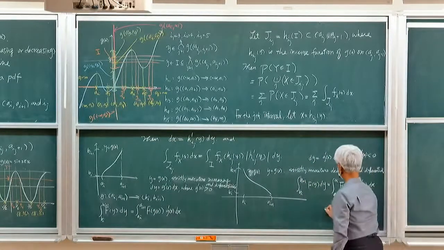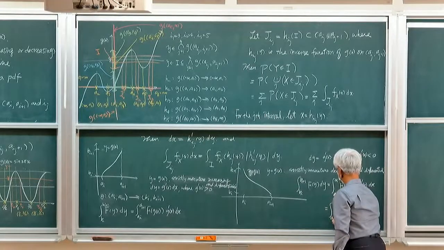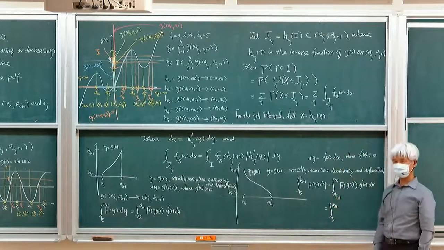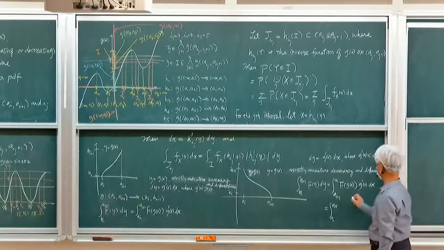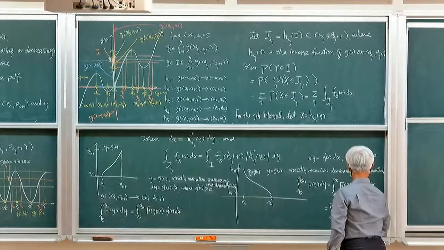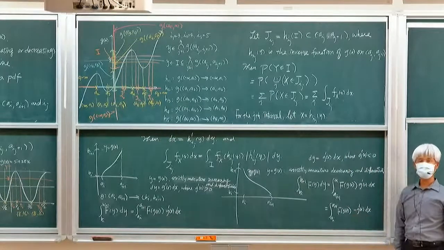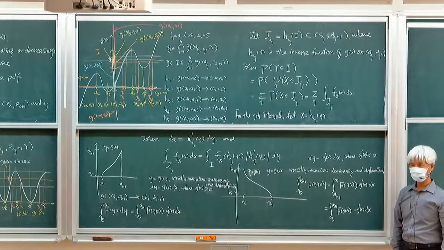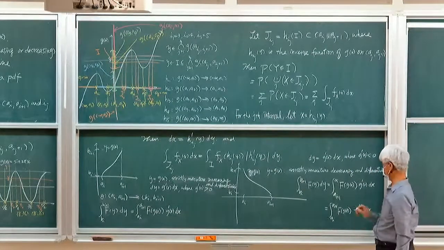And so when we turn to our conventional definite integral, then we have to change the sign: minus g prime of x dx. And now this becomes positive.